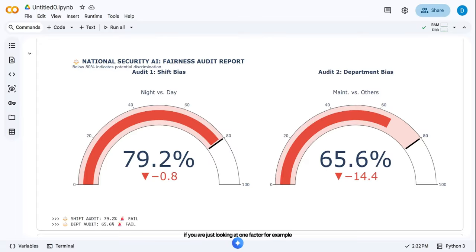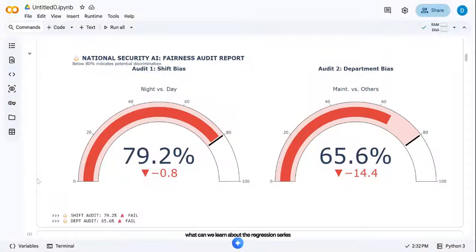If you are just looking at one factor, for example payload, or weather, how cold is it, or how high does it have to fly, it is a simple linear regression. If you're considering multiple factors, then it becomes a multiple regression. So let's look at the code and see what we can learn about regression.